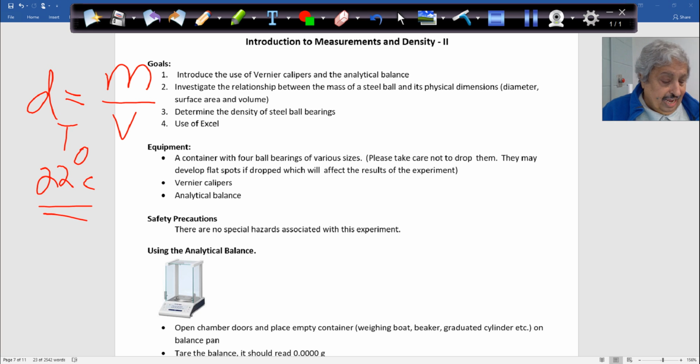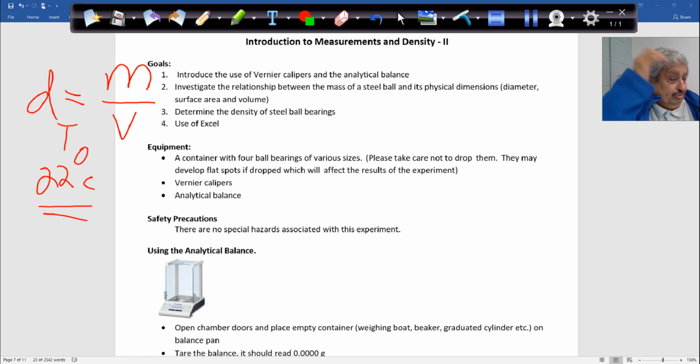Mass of those four. Now you have to use the vernier to measure the diameter. You'll be using the flat beds inside, not outside, the flat beds inside. You put them there and you snug the whole thing, and then you read not the top one, the top one is inches, you read the bottom one.